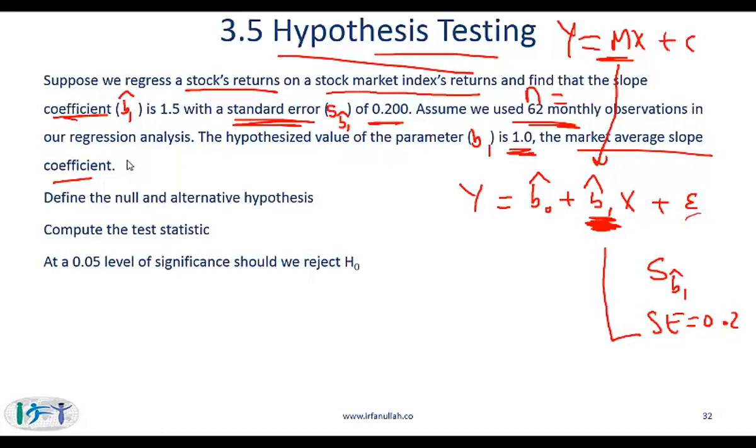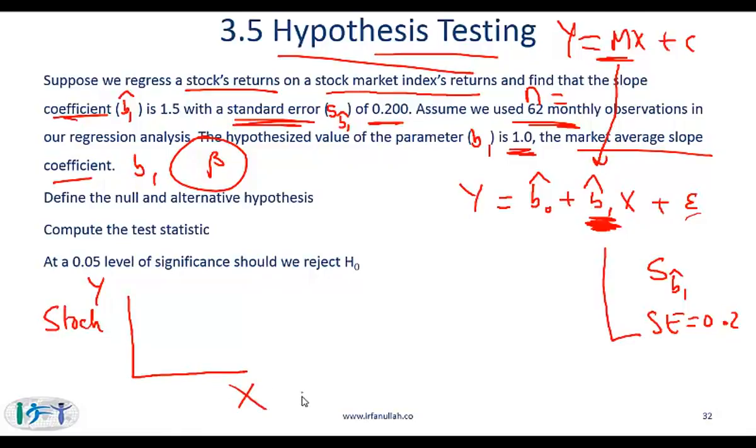Now, what do you think b1 is in terms of terminology that you've seen before? b1 is nothing but beta. The beta from CAPM, what is beta? It shows the sensitivity of a stock's return to the market return. So if you are regressing Y, which is the return on a given stock, with X, which is the return on the market, and you get a certain line, the beta is nothing but the slope of this line.